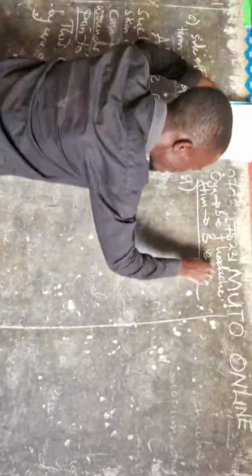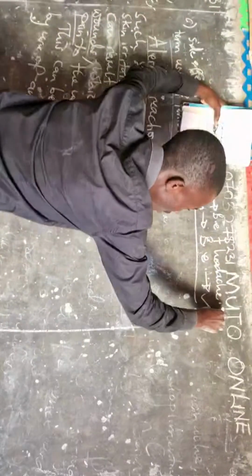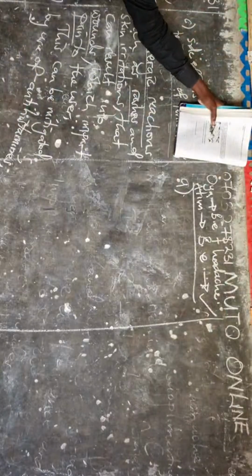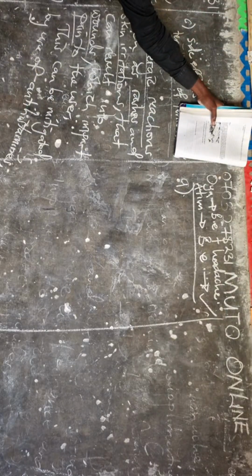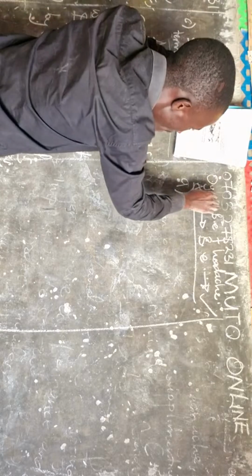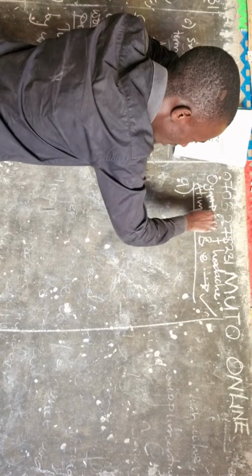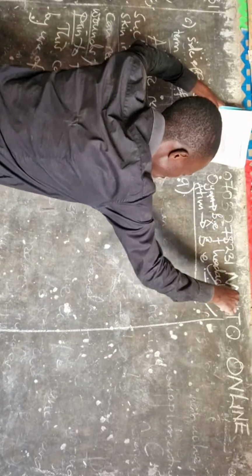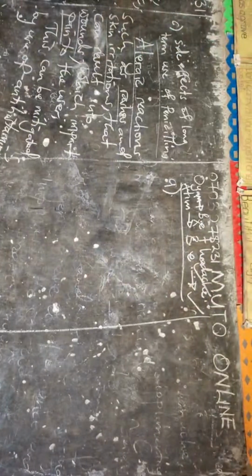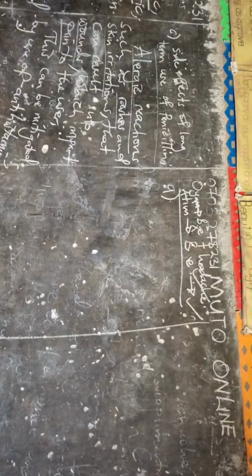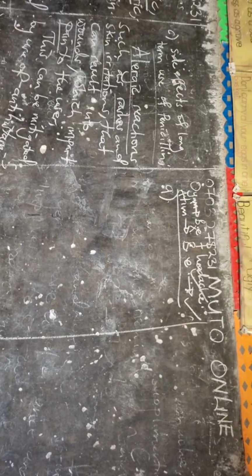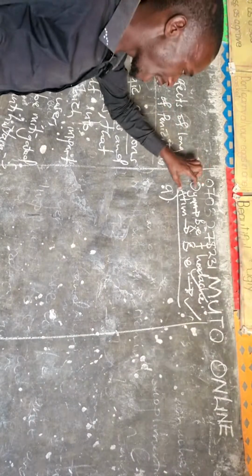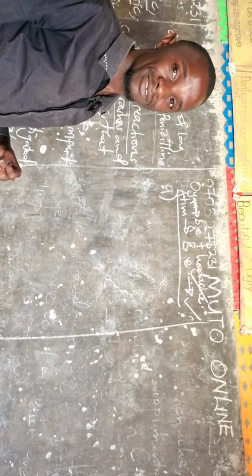When she bought the drug, the bacterial infection was healed. When Oyam bought the drug, the bacterial infection did not heal, but he was relieved from the headache. So we are going to categorize the drugs Oyam and Atim used.